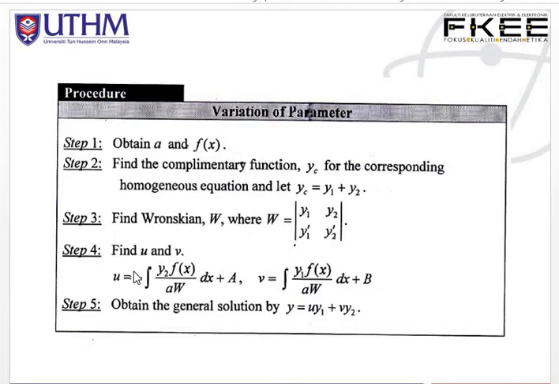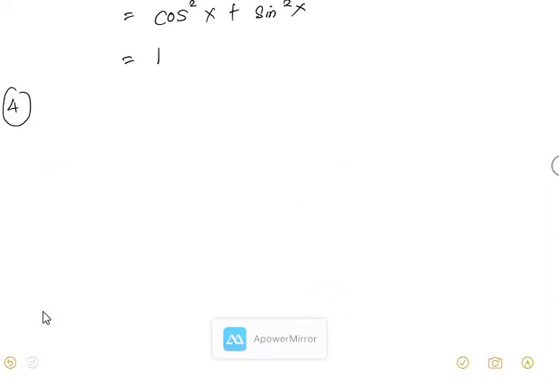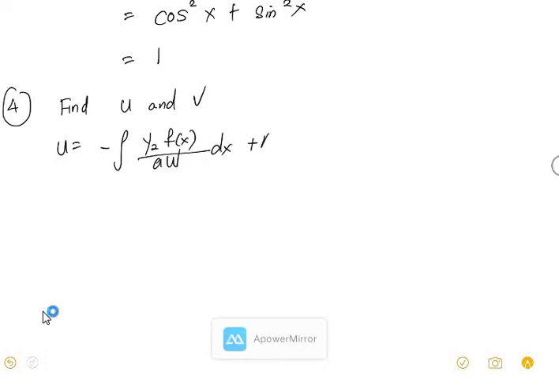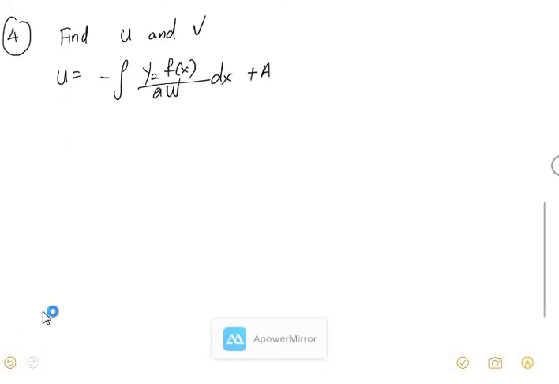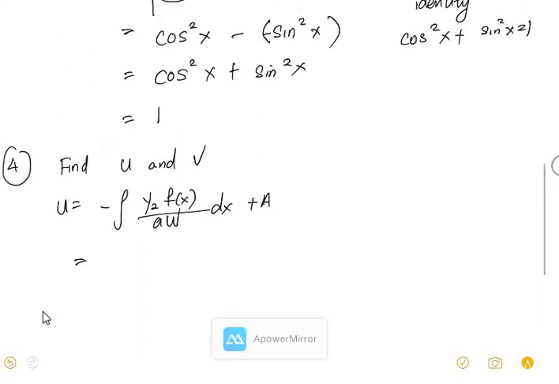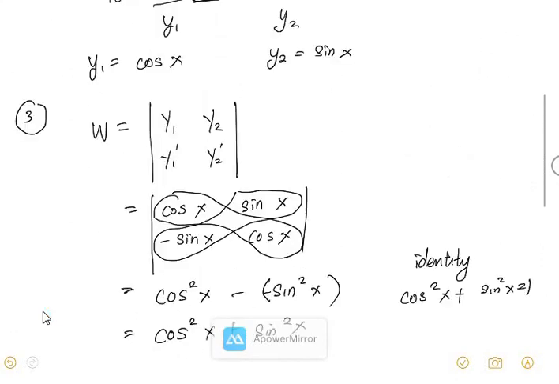Then we go to step number 4. You need to find u and v. So u using this formula and v using this formula. u equal to negative integral of y2 f(x) over aW dx plus a.